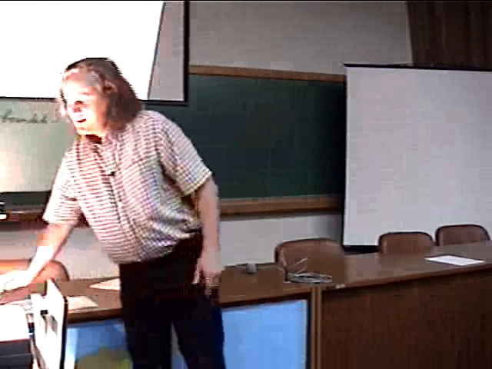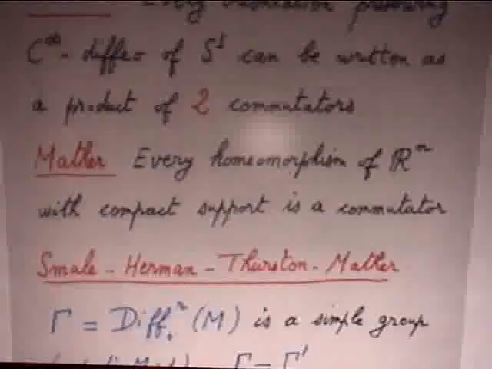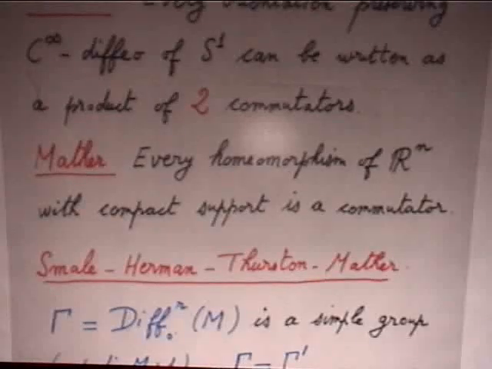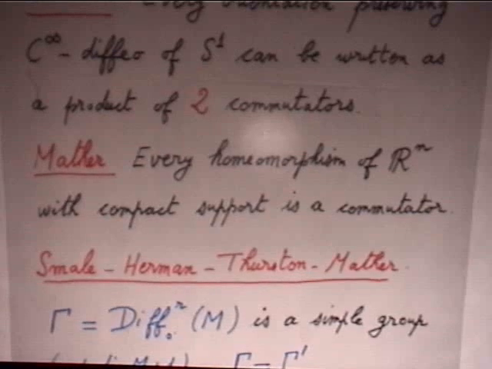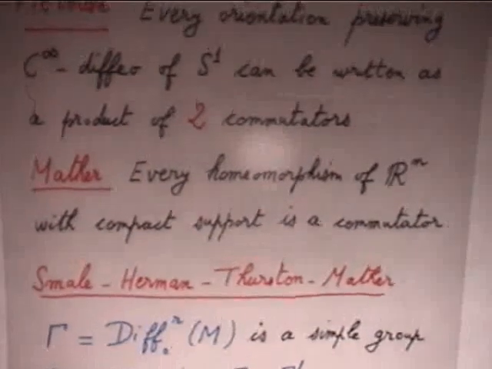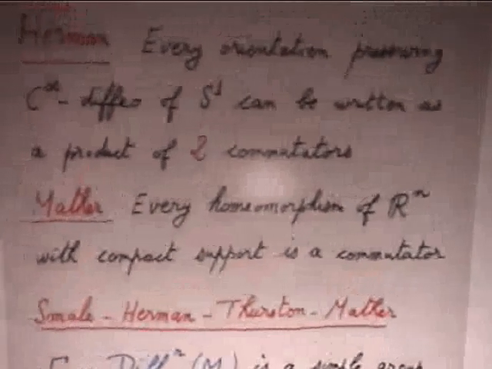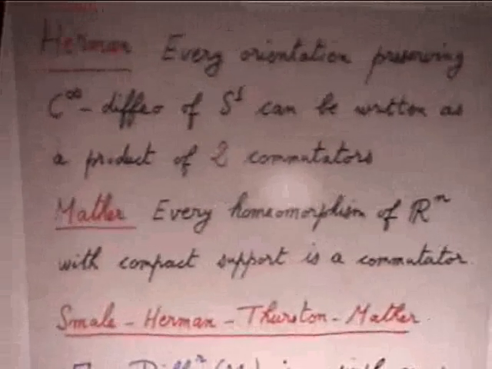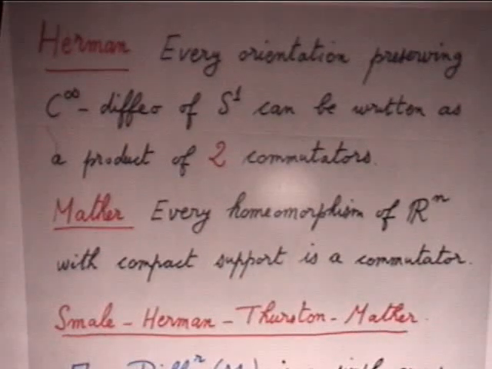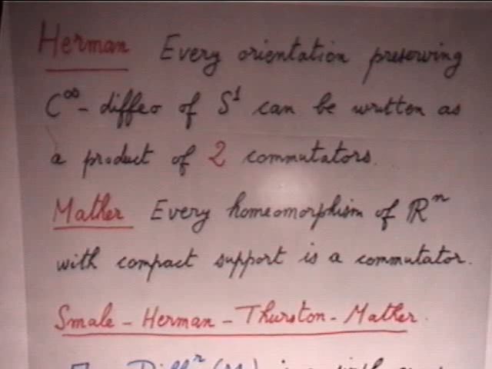First, an old result of Michel Herman. He proved, a long time ago, that if you consider the group of all orientation preserving, say, infinity diffeomorphisms of the circle, this group has the property that any element in this group can be written as a product of two commutators. 1 in general is not enough, but 2 is always enough.